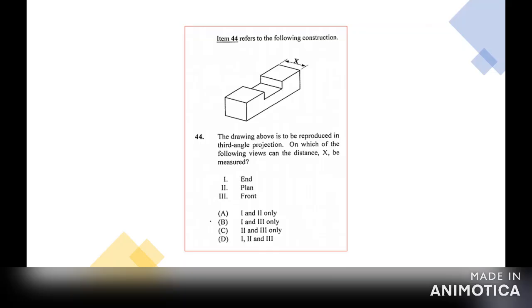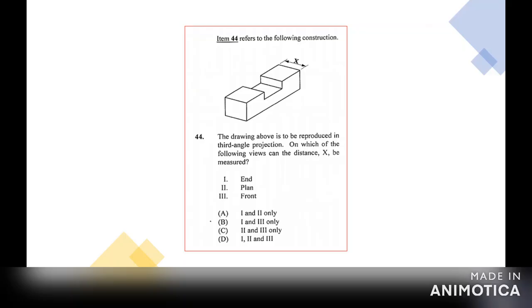44, the drawing above is to be reproduced in third angle projection. On which of the following views can the distance X be measured? So you have the front, the plan view and the end view.